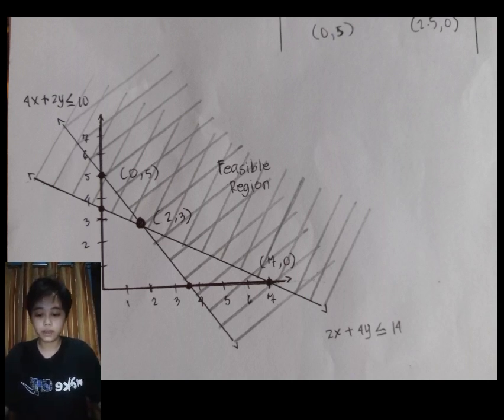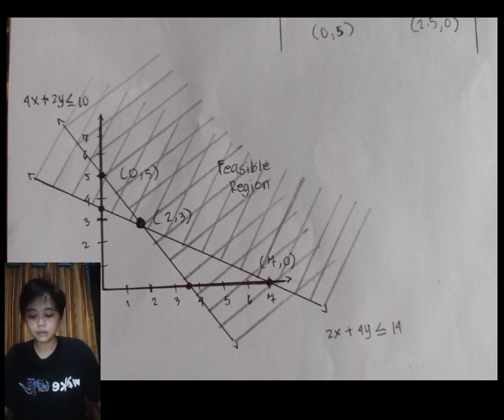First, we're going to find the location of these coordinates: (3.5, 0), and the second one is (2, 3), and the third one is (7, 0). And so we are going to make a line of these.